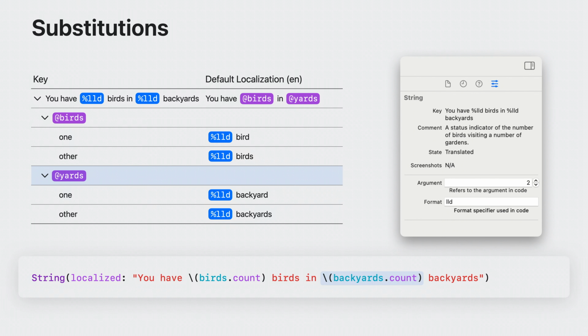The value of backyards.count will then be used to determine whether we end up using the one or other case within this substitution. In this way, string catalogs provide a simple UI for varying strings while still supporting advanced use cases like this one. Now, back to Marina to put these techniques in action.